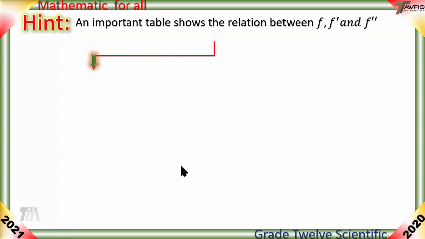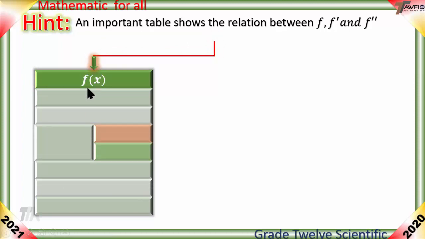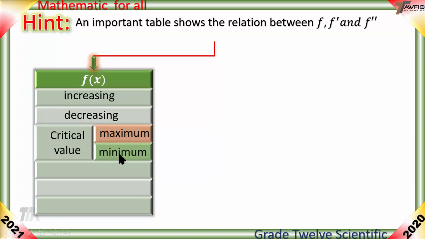We know the function f of x may be increasing or decreasing, and it has a critical point, and this critical point maybe is converted to the maximum or to the minimum, local minimum and local maximum, or it becomes an inflection point, or the function is concave in an interval and convex in other intervals.